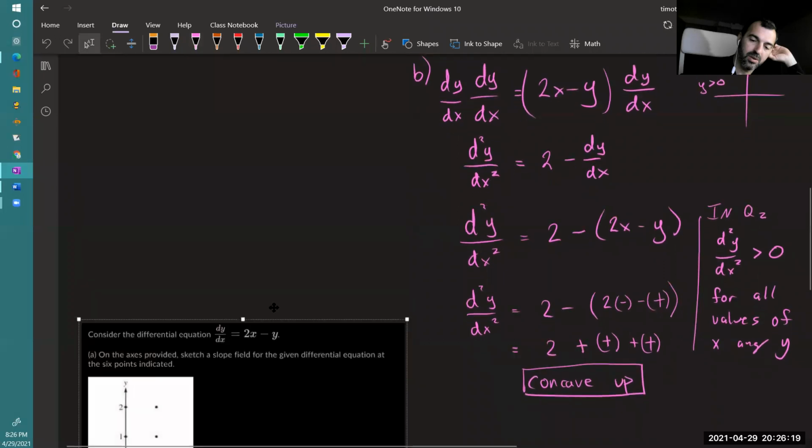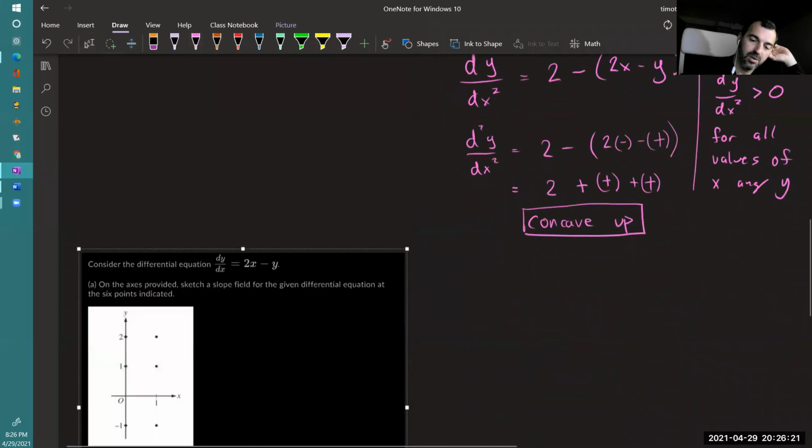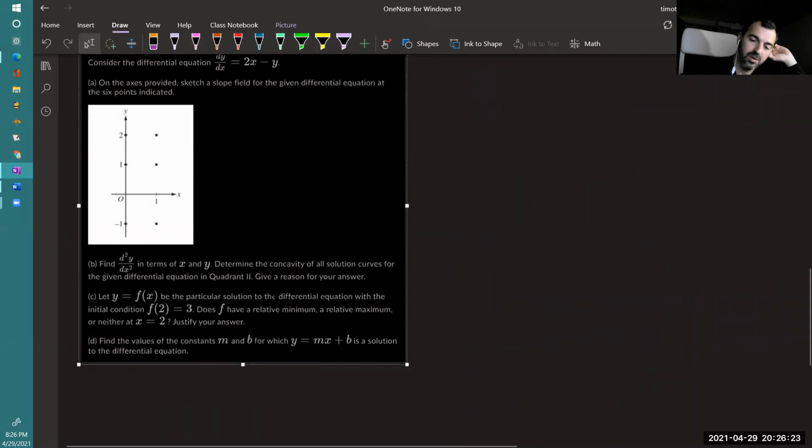Moving down. I'm going to do part C. Let y equal f of x be the particular solution to the differential equation with the initial condition f of 2 equals 3. So basically what they're telling us here for part C is that when y equals 2, x equals 3.